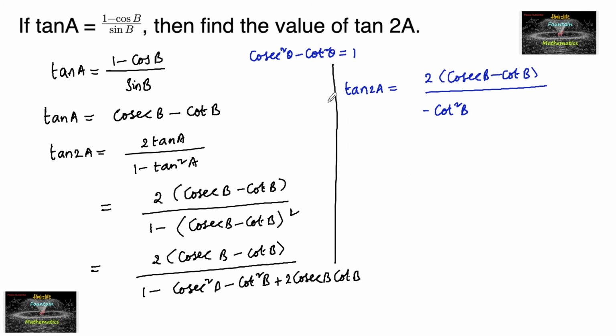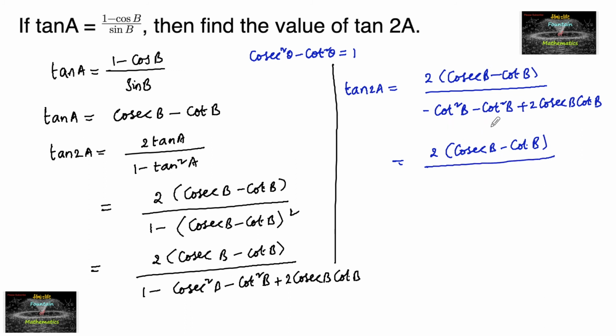So 1 minus cosecant square theta is nothing but minus cot square B, minus cot square B plus 2 cosecant B into cot B. So which equals 2 times cosecant B minus cot B upon the denominator, which we can write as minus 2 cot square B plus 2 cosecant B cot B. So we can take out minus 2 cot B common, and write cot B minus cosecant B.